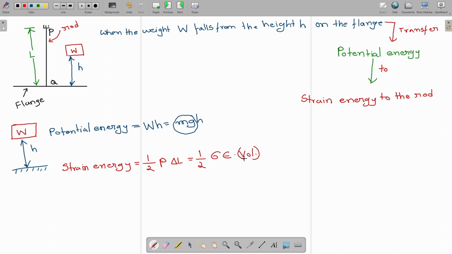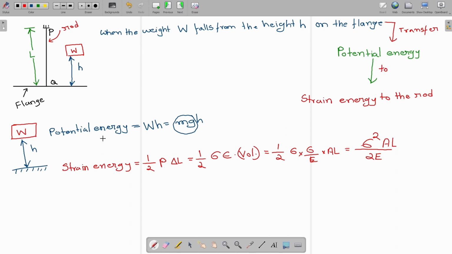It can be written as half sigma into sigma upon E. We are replacing the strain value here into AL. Therefore, we can write it as sigma square AL by 2E. Now, what is happening?